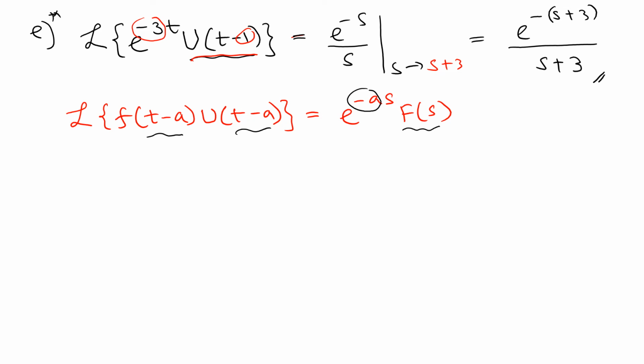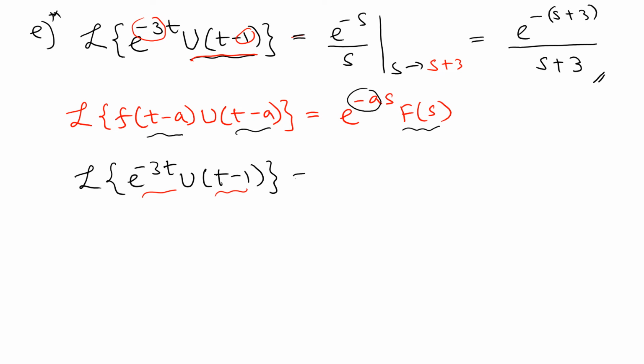So let's see how we can use this idea just to know the trick. We start with the problem, and you will see that we do not have the form that we need. It has to be a t minus 1 format, and there is no t minus 1 format. So we can recreate that.